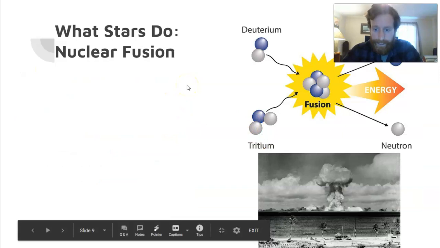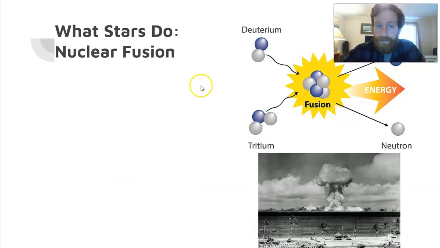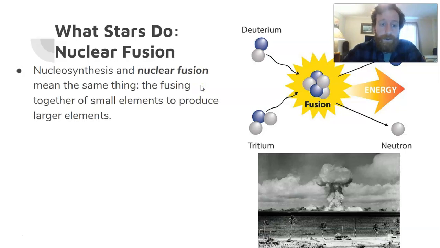Which brings us to the next piece, what stars do, nuclear fusion. Nucleosynthesis and nuclear fusion mean the exact same thing. They describe the same process, the fusing together of small elements to produce larger elements.